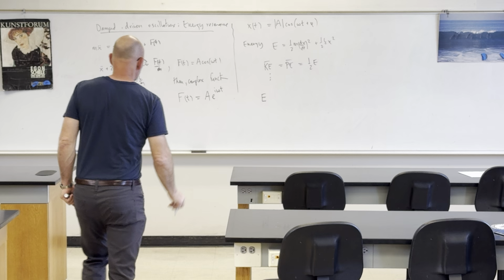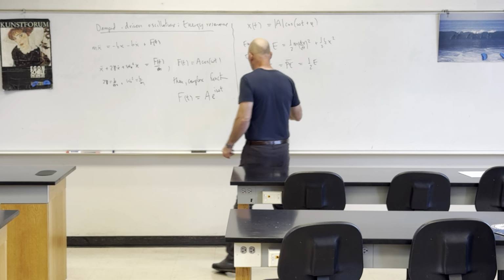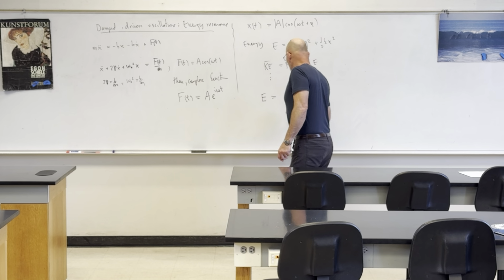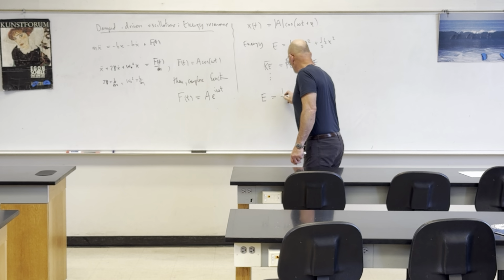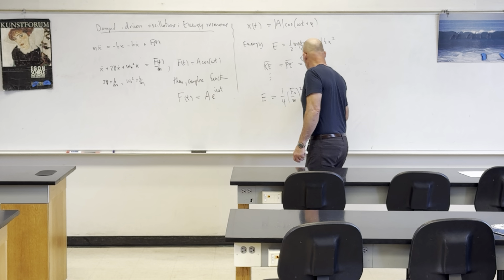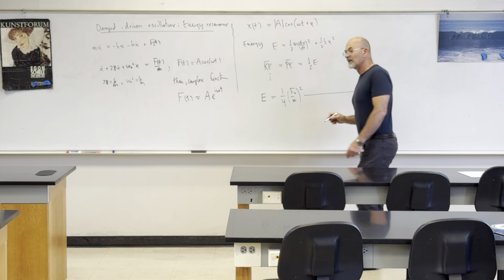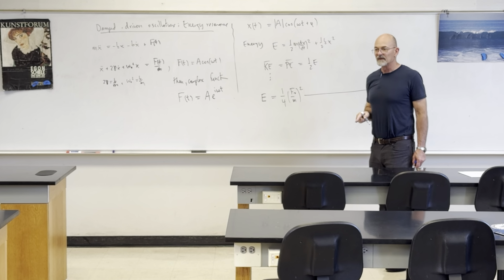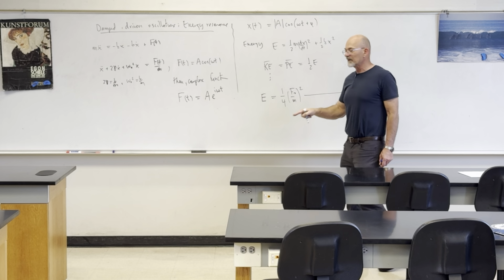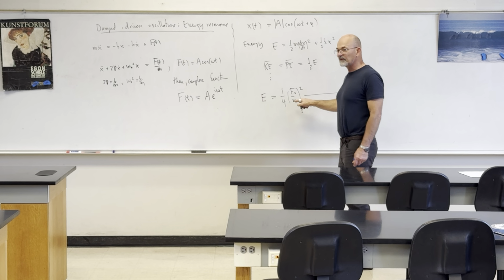Okay. Here, let's write that down and we're gonna study it. So what did we have? 1/4 F naught over m squared. So far so good? Yeah.